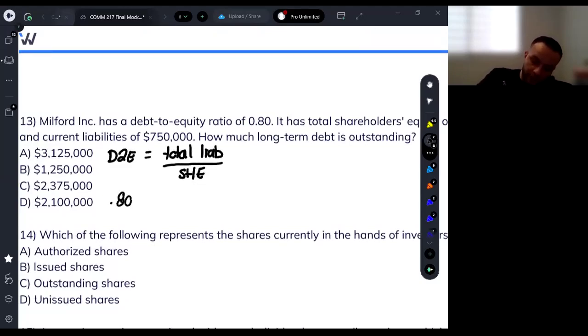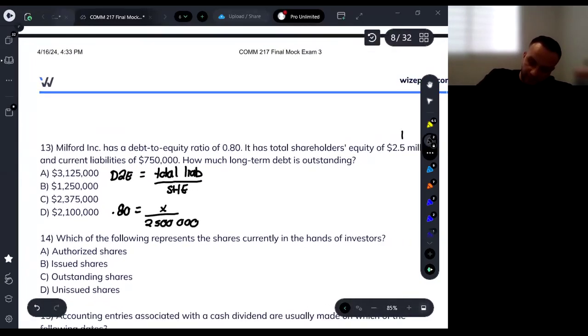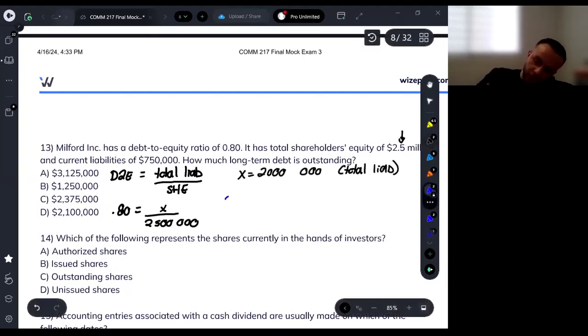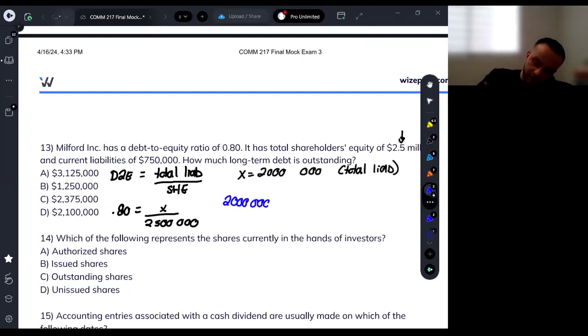So 0.8 equals X over 2.5. So X is 2 mil. This is total liabilities. So 2 mil total minus 750,000 current is 1,250 long term.